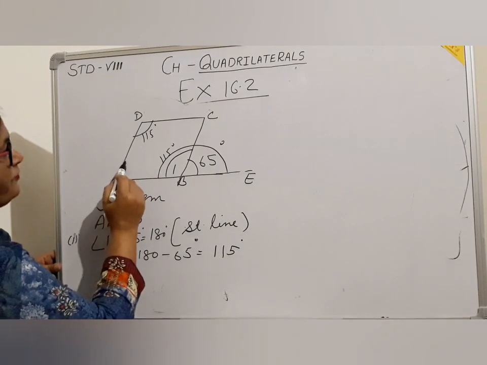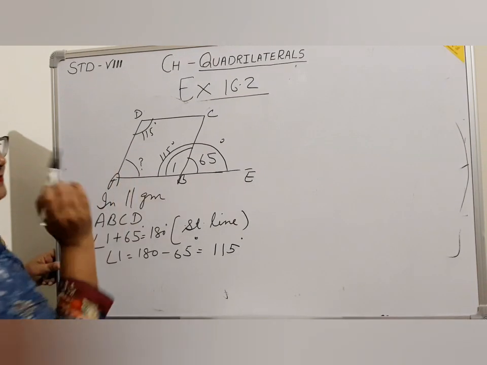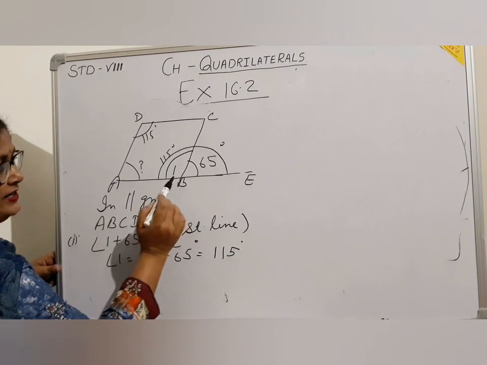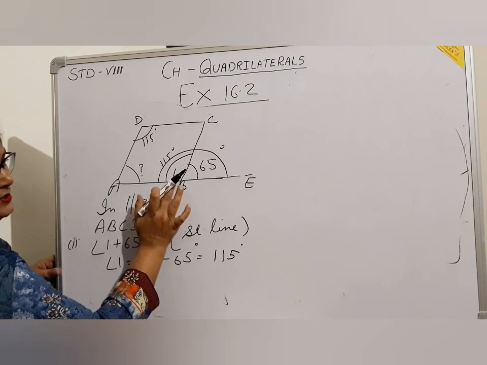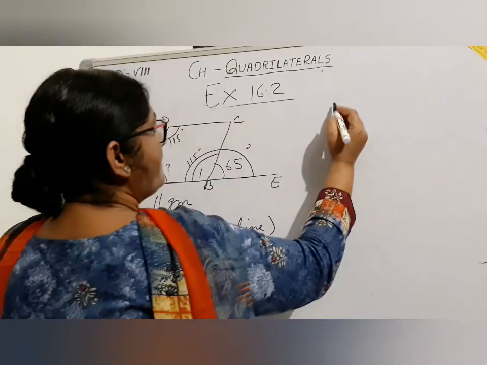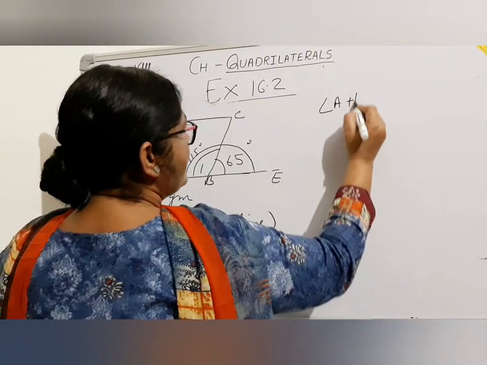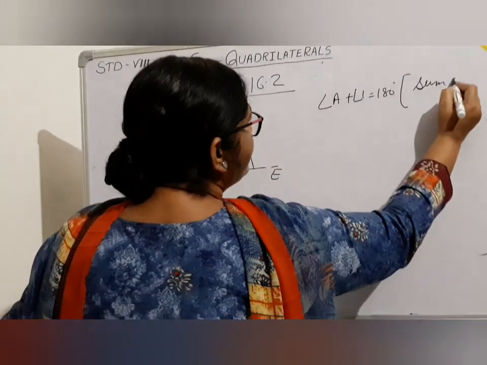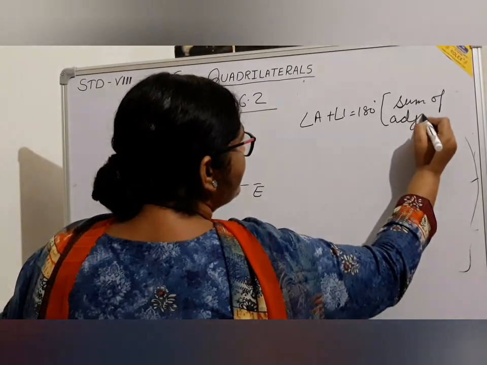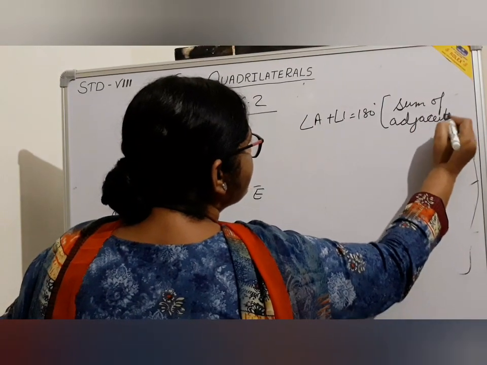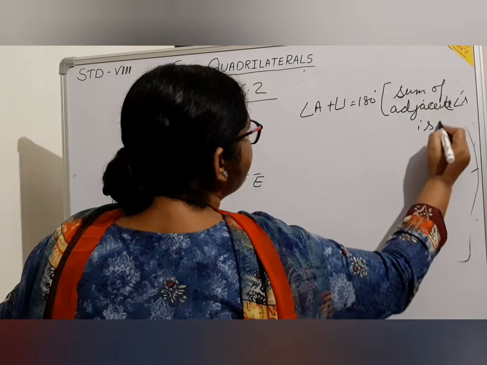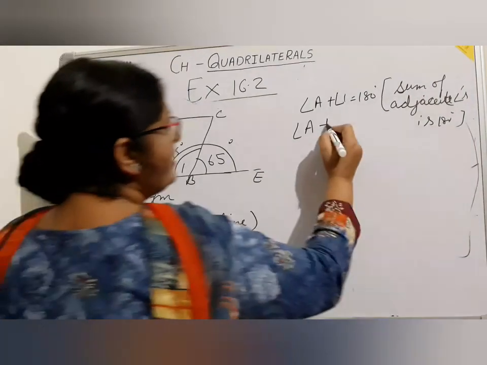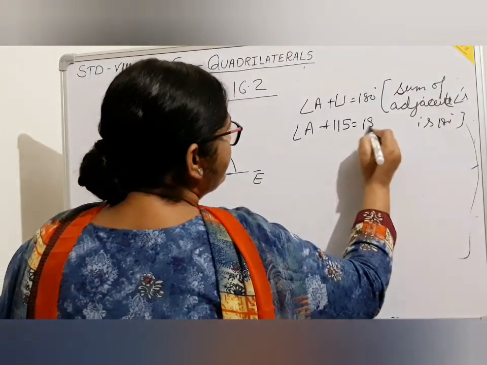Now how can you find angle A? Same condition, angle A plus angle 1 is equal to 180 degree, because the sum of adjacent angles is 180 degree. Angle A plus 115 is 180 degree.